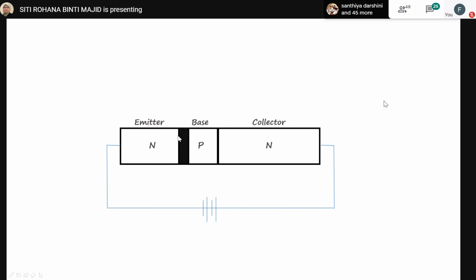So the N and P depletion region is thinner than the depletion region at the base and collector. So try to manipulate this condition by changing the polarity of the battery here. And number two, you change the configuration, which is P and P. From there, if you understand that, I think you will have no problem in question solving.